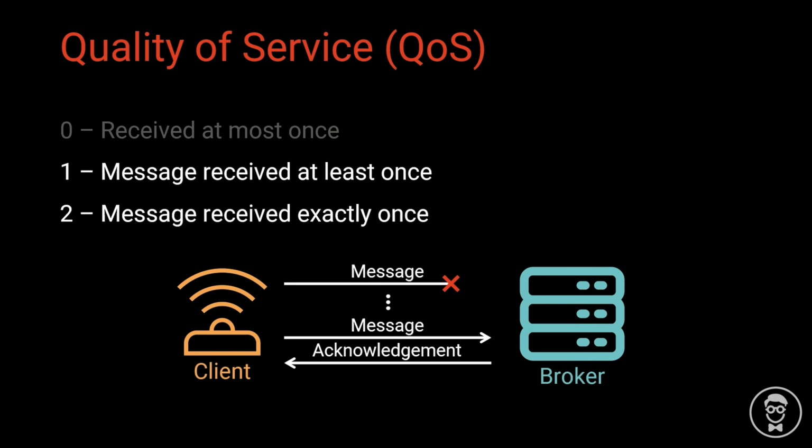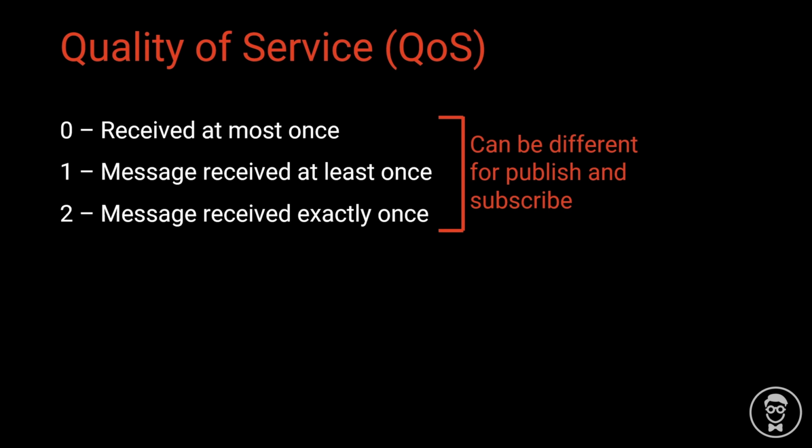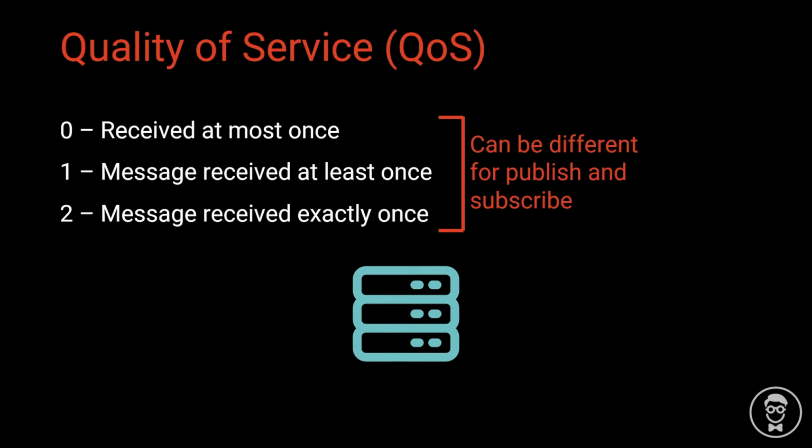Note that clients can publish and subscribe at different QoS levels. Publish quality of service determines how messages are sent to the broker, and subscribe quality of service determines how messages are sent from the broker to the client. The broker handles subscriptions independently, which means you can have clients that subscribe at different QoS levels.